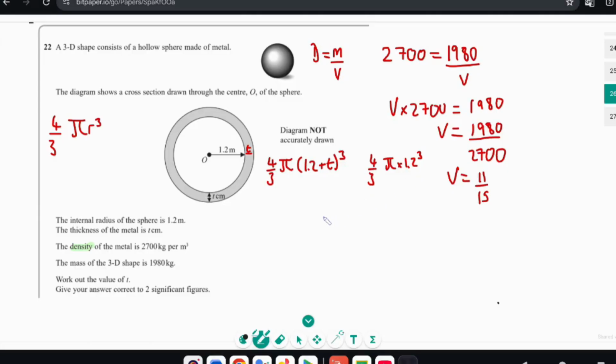Okay, so I'm now going to find an equation from this information. So we've got the big sphere minus the hollow sphere gives us a volume of 11/15.